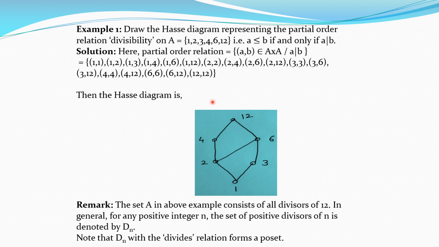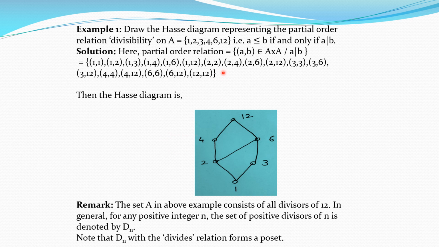Then 2 divides 6. Again, there is no element a such that 2 divides a and a divides 6. So directly we have to show that 2 is related to 6. So above 2 we have to take 6 somewhere and then we join them by a line segment. But I have not taken it above 4 because actually 4 is not related to 6. So it is above 2 to the right side.